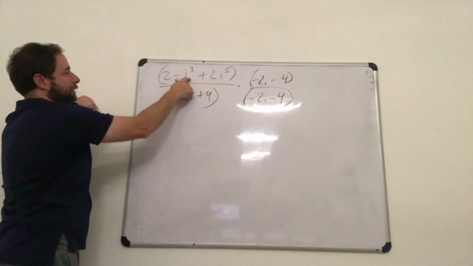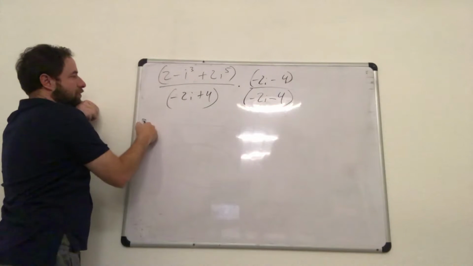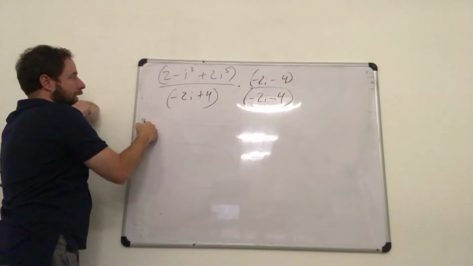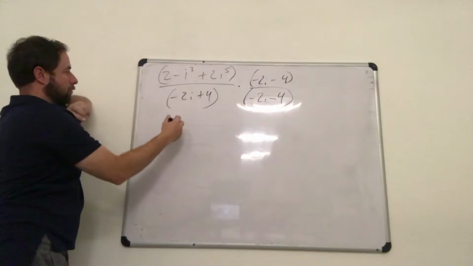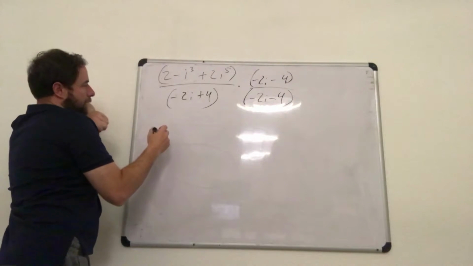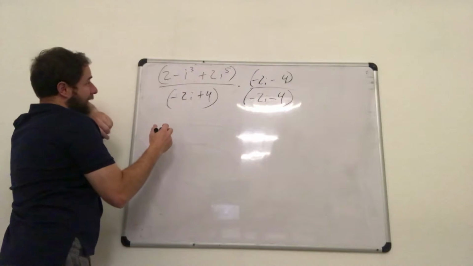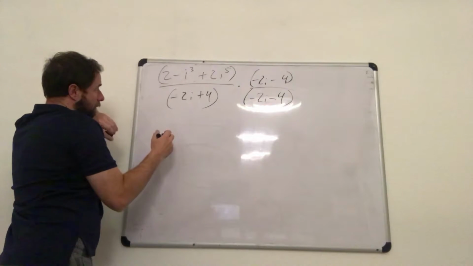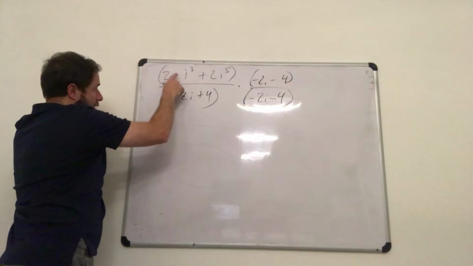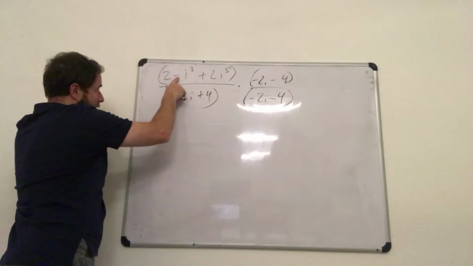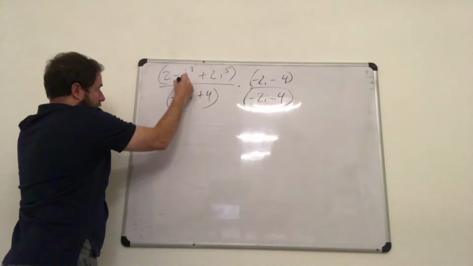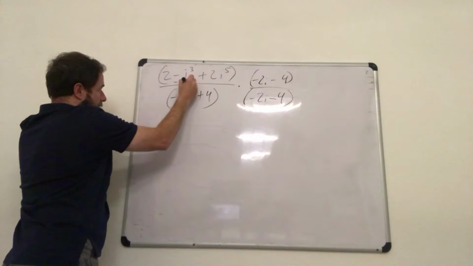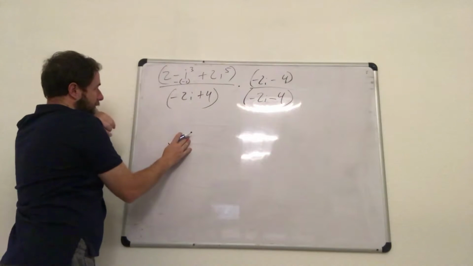Now, before we FOIL the top, we actually need to simplify the top. And the way you do that, i cubed, if you guys remember, is going to be negative i. So that is going to be positive i, because negative times negative i becomes a positive i.